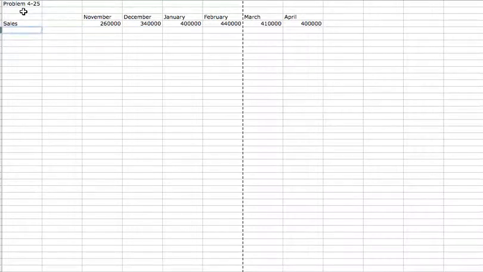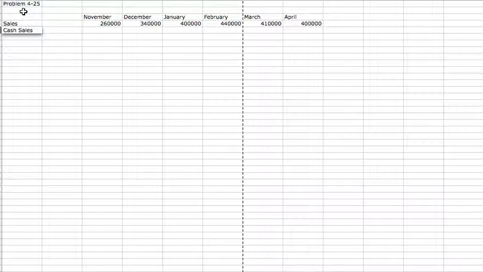Now it says of the firm's sales, 60% are for cash and the remaining 40% are on credit. Of the credit sales, 20% are paid in the month after the sale and 80% are paid the second month after the sale. So that helps us figure out exactly what our cash sales were.